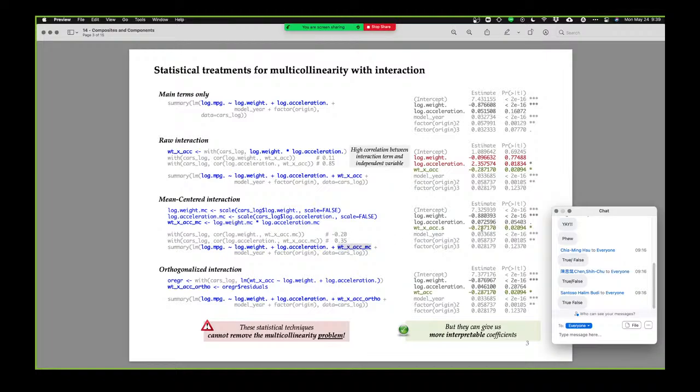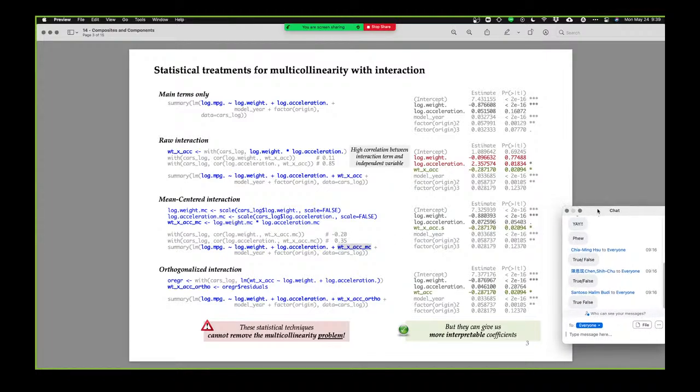When we do that, let's take a look at what we have here. The interaction term's effect actually hasn't changed at all. It's minus 0.287. That's exactly what we had before with a raw interaction.